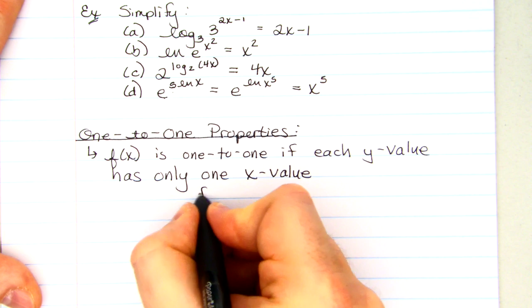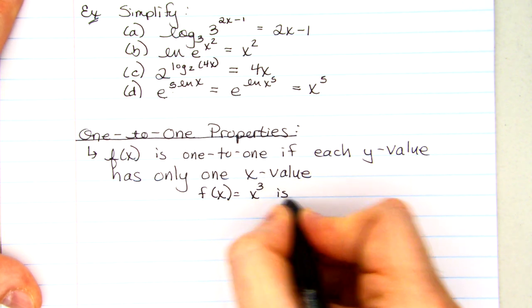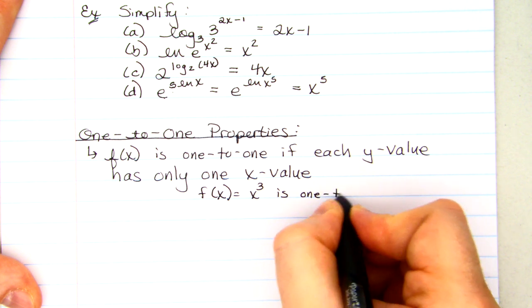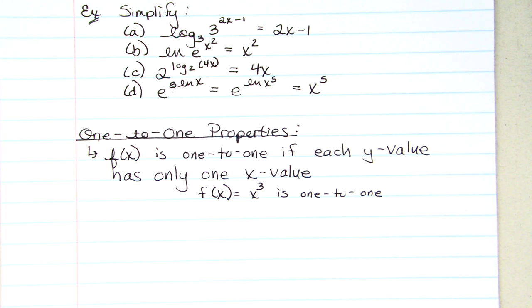So for example, f of x equals x cubed is one-to-one. If you know your y value is 8, what cubed gives you 8? 2. If your y value is 7, what cubed gives you 7? Cube root of 7.